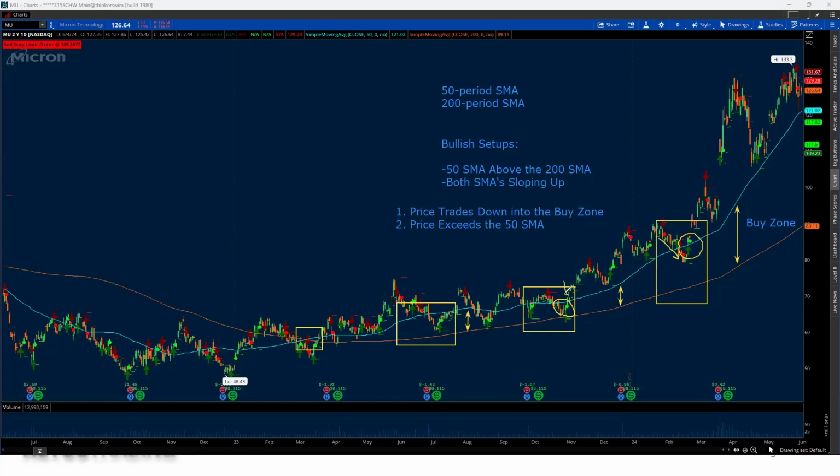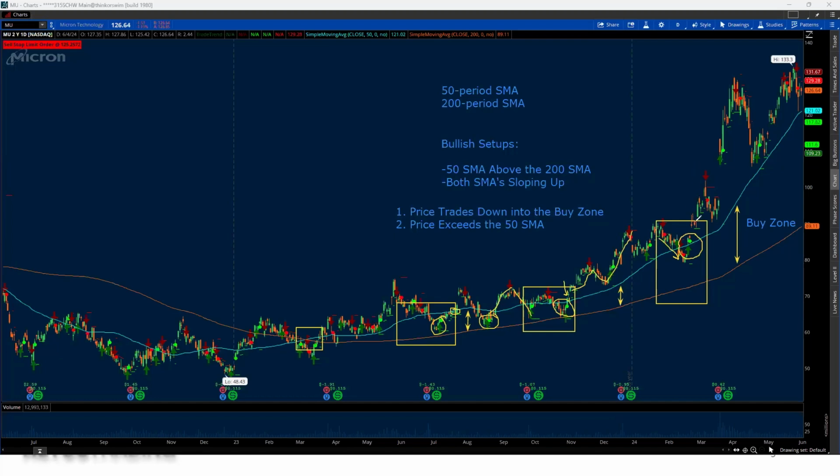Then we got a close above and a move up. Same thing here. Close above, back down, move up. Same thing here. Okay, so here would have been where it exceeded. So you can see these multiple examples on this Micron chart. All right, and that's where we can go ahead and enter a bullish position.